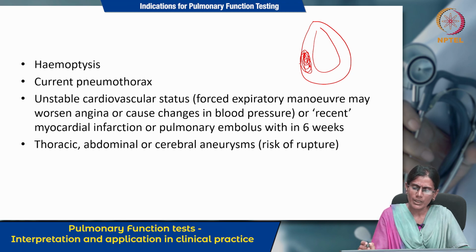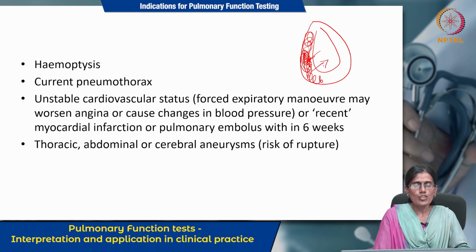One of the causes being leakage of air from the lung to the pleural cavity. So when the patient is going to do spirometry, what will happen? There will be excess air escaping from the lung into the pleura. So the air in the pleural cavity expands. What is it going to do? It is going to compress the lung. So there will be impaired lung function.